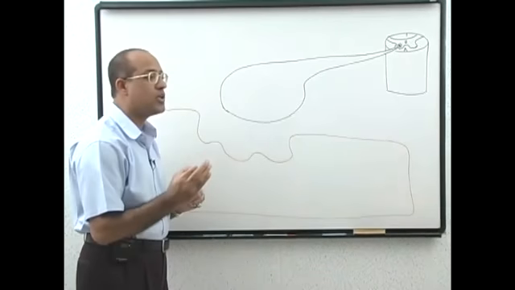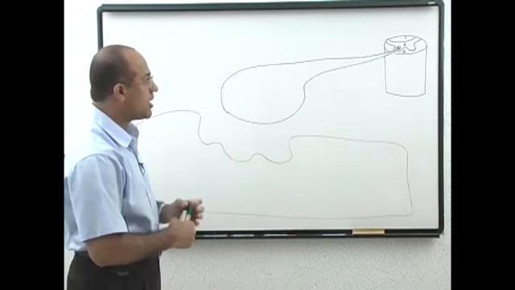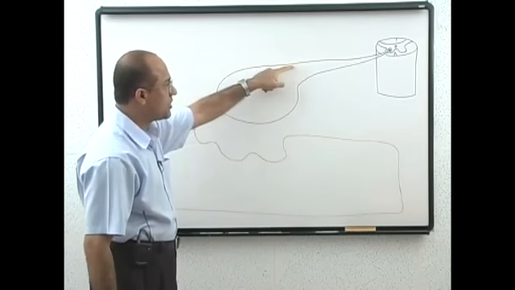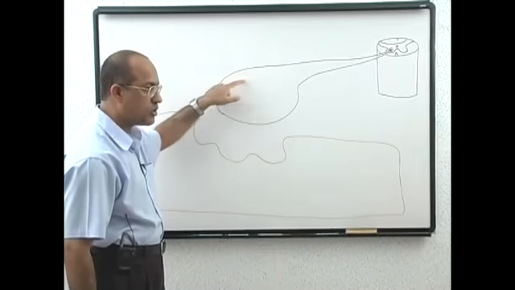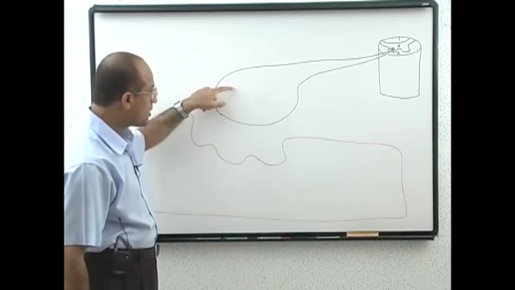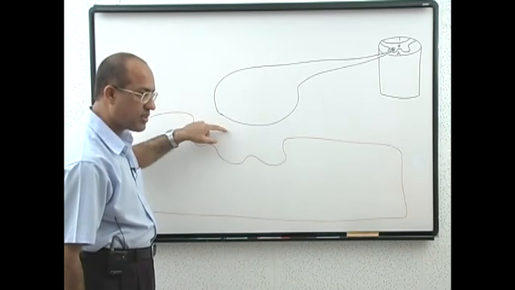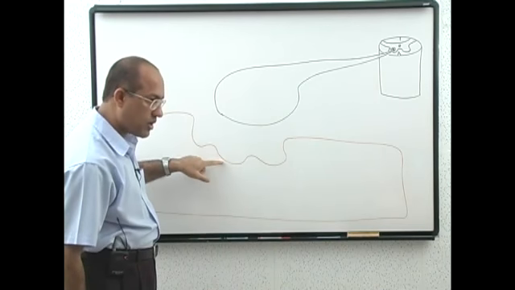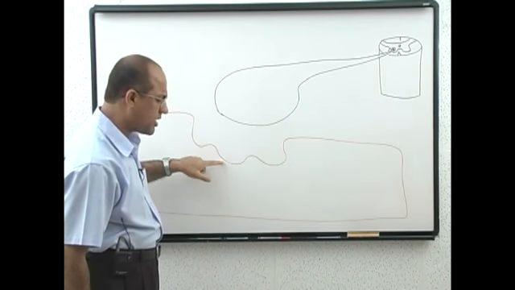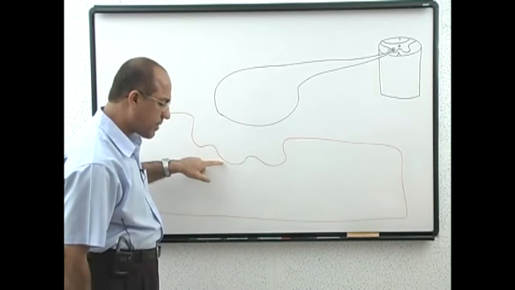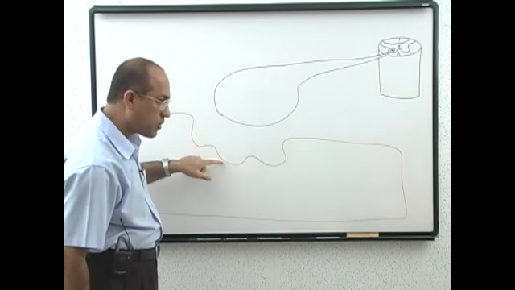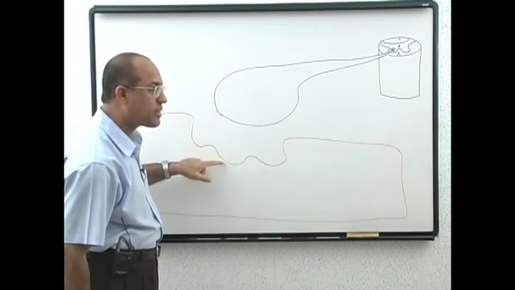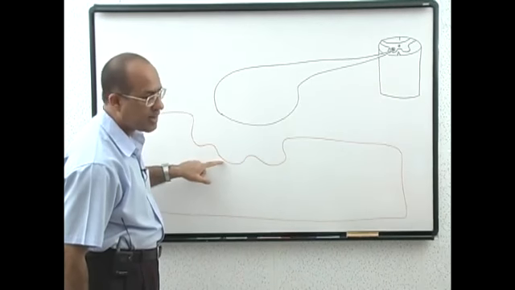Today's topic is only to understand how the action potential, or electrical information, coming on the neuron surface is converted into chemical signals, how these chemical signals go from the nerve ending to the motor end plate, and how they are converted again into electrical signals.